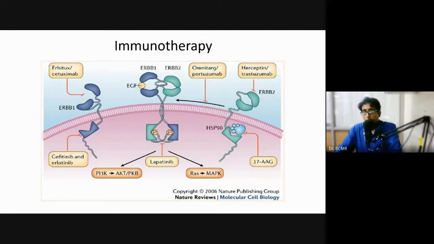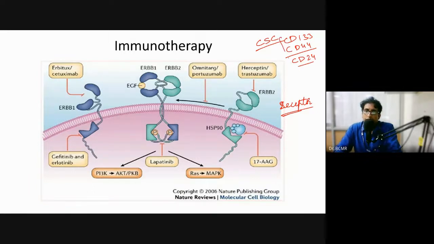Then comes the immunotherapy. Immunotherapy is quite popular because antibodies can bind to different types of molecules, mostly receptors. As I was discussing about cancer stem cells, we discussed that CD133 and CD44 are the popular cell surface markers present on cancer stem cells, CD24 also in some cases.